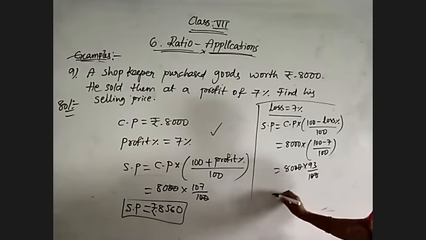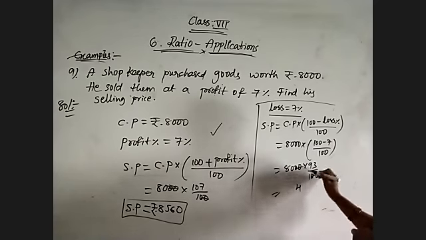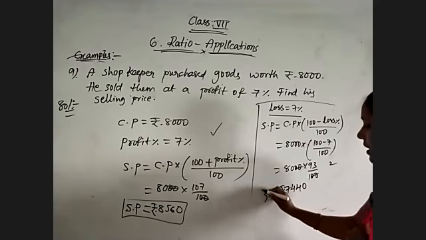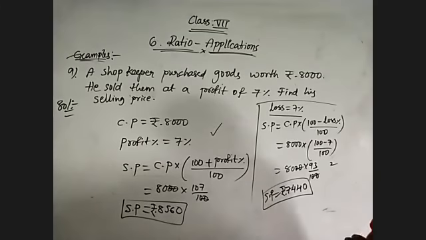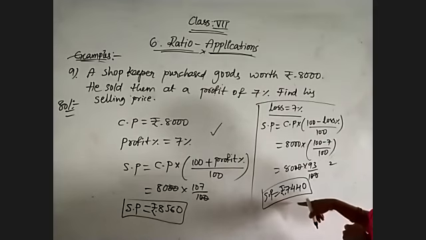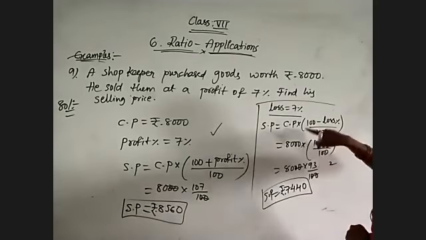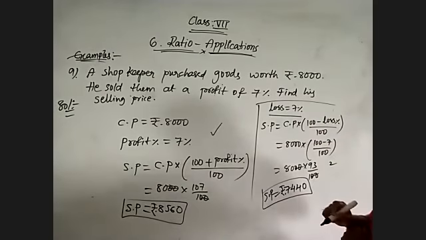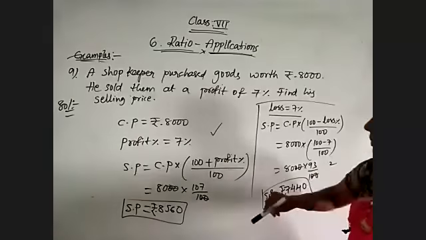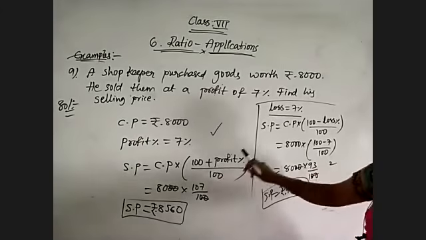Two zeros will get cancelled. 8 3s are 24. 8 9s are 72 plus 2, 74, and 1 zero. 7,440 will be SP. That's why he is getting loss percent, because CP is more. 8,000 is more than 7,440. That's why in this case he is getting loss. So remember these formulas. These are very, very important.